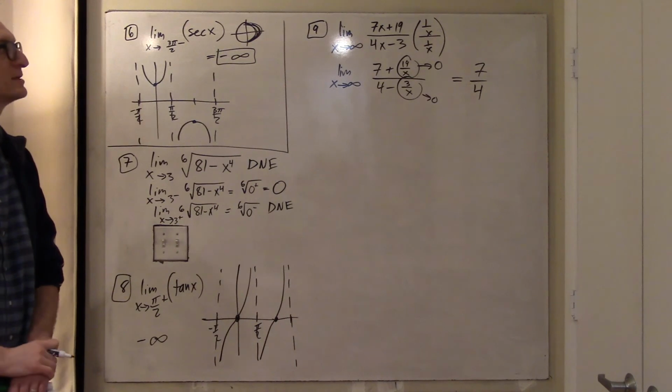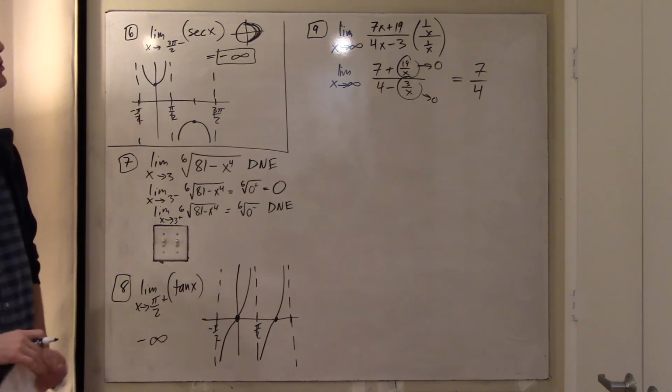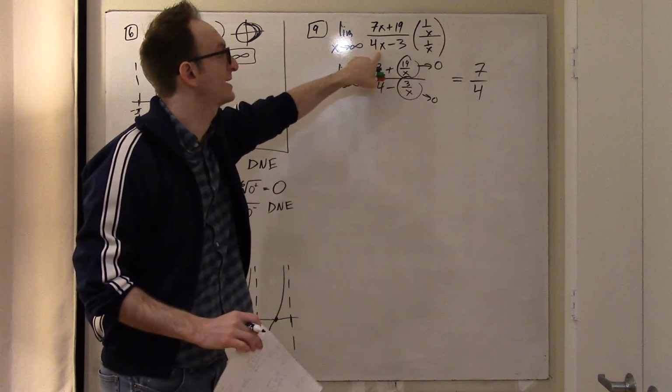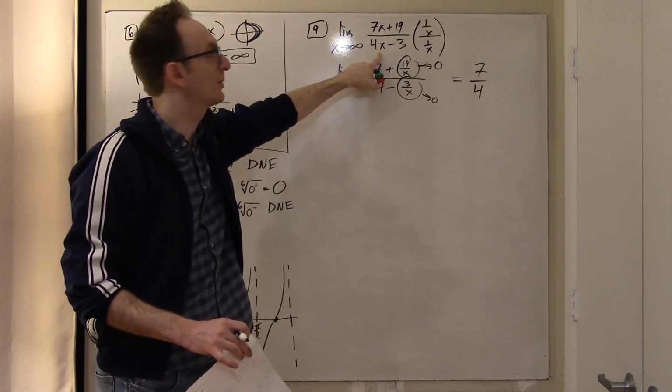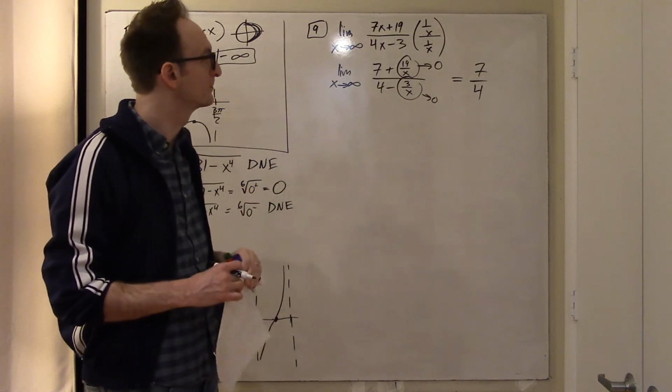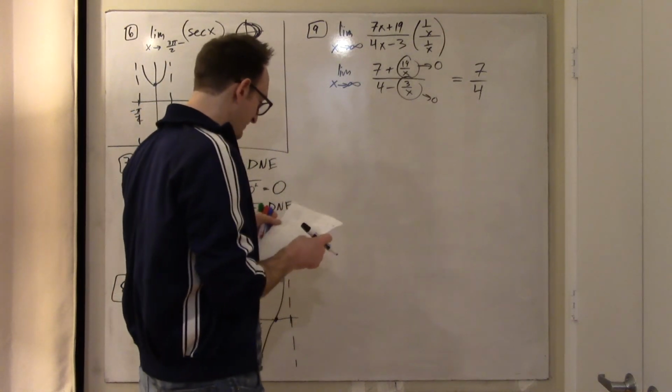So this algebraic move of dividing by the highest power of x in the denominator is useful when you have a rational function, and specifically when you're taking the limit as x goes to infinity. Okay, I don't think I have anything more to say about that.